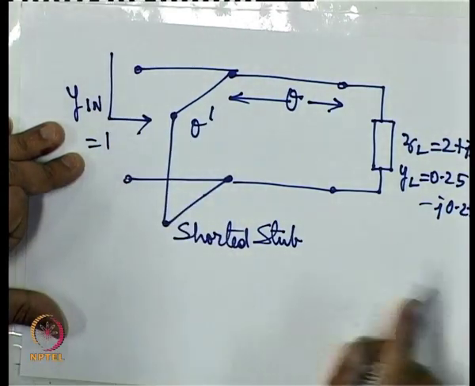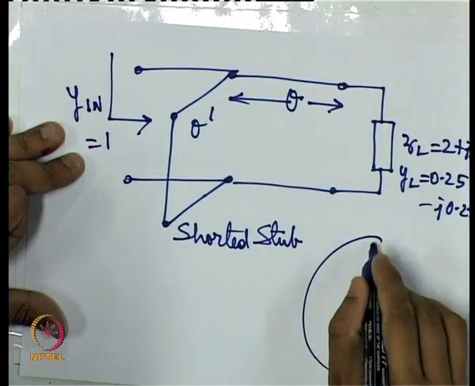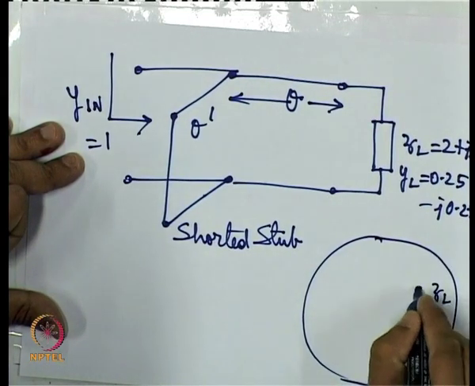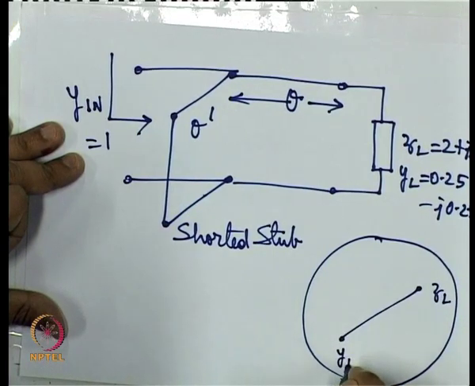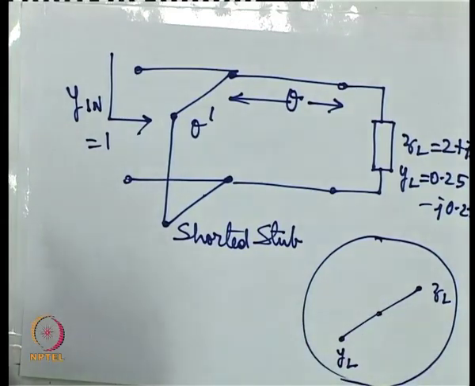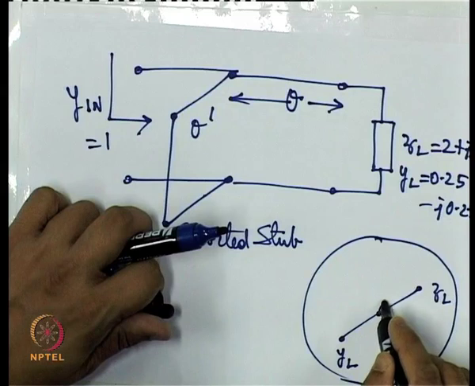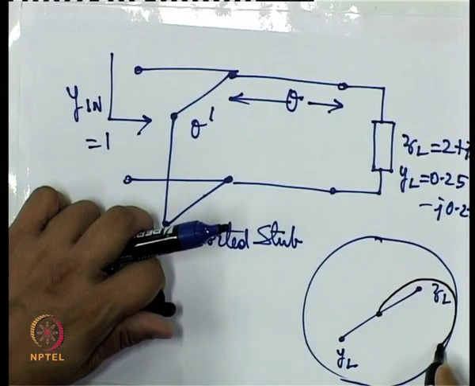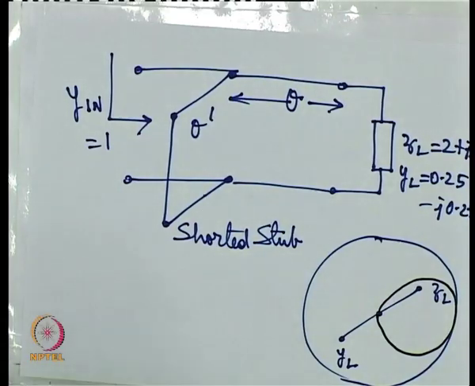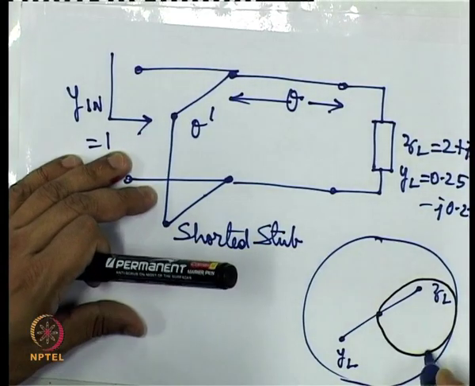On a Smith chart, this would look like this. I started with ZL, I converted it to YL, then I drew an arc corresponding to the G equal to 1 circle.